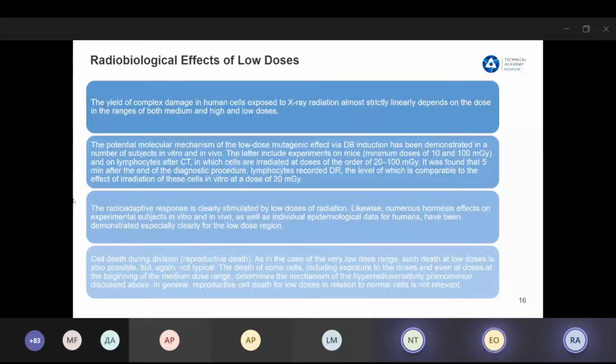Even the simplest complex damages induced by radiation occur no less than 10 to the 5th more often, as a fraction of the sum of all DNA damage, than those that occur in the processes of natural cellular metabolism.